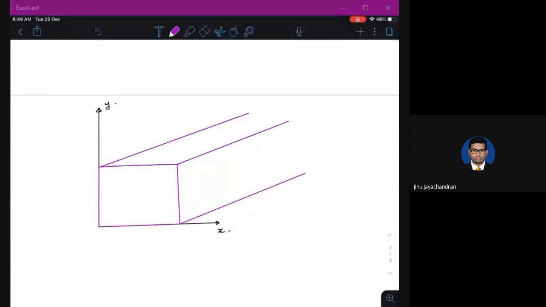Okay, so the waveguide extends to infinity, let's assume.